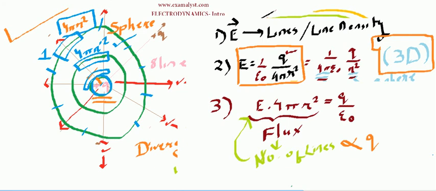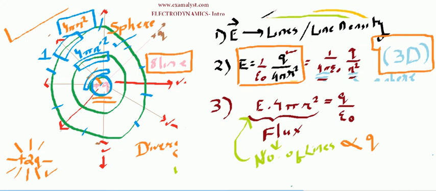Why? When I took plus q charge, I drew only 8 lines. In the second example, when I took plus 2q charge, that is double of the charge above, then I told you that I will draw total 16 lines, because these lines will tell me where the charge is more.